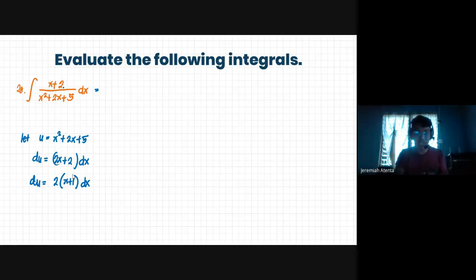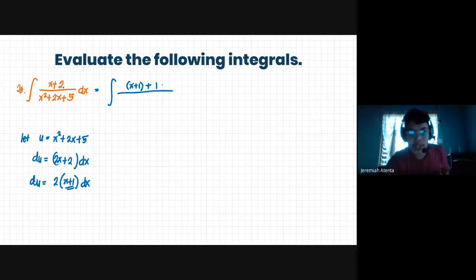So doon papasok yon. But first, we need to rewrite this one. So the integral of x plus 2 can be written as x plus 1 plus 1. Bakit mo ginawa yan, sir? So that lalabas itong x plus 1 dx mamaya, para magamit natin siya.